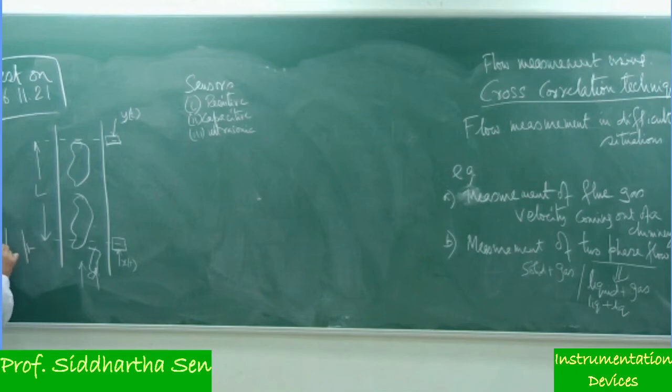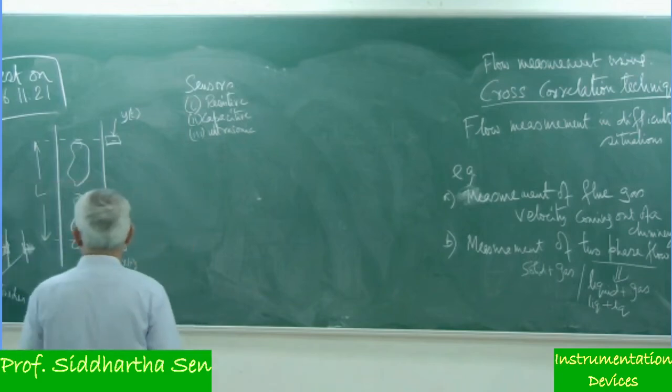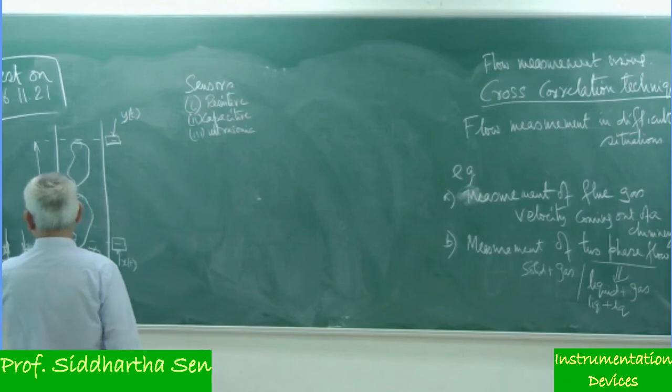Of course, for a conductive one, resistive type, we will have to insert inside the pipeline two small electrodes and measure the resistance between them. Then definitely, as the relative proportion of the gas and liquid varies, the resistance between them will be varying.